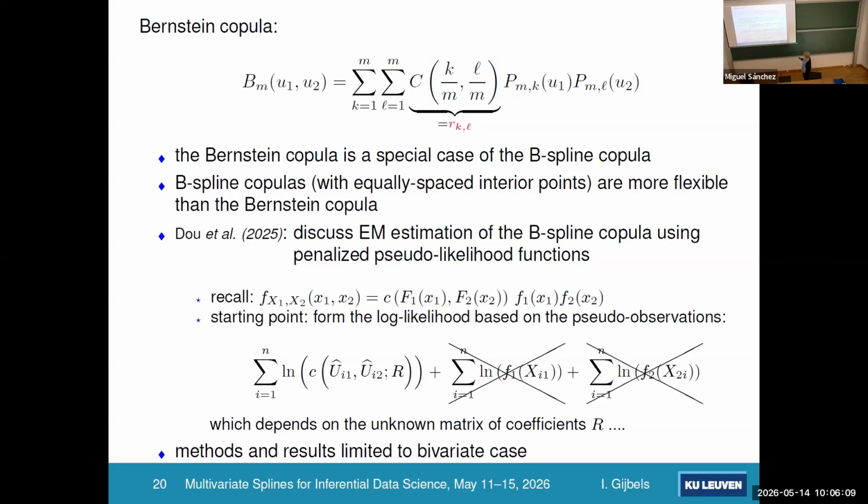If you take the product first and then the logarithm, you see that these two terms do not depend on the matrix R, so you can drop these. Then you can try to do some kind of maximum likelihood: maximize this objective function over R with respect to the constraints. You can build in some penalization if you want, etc. So that's how it's done here.